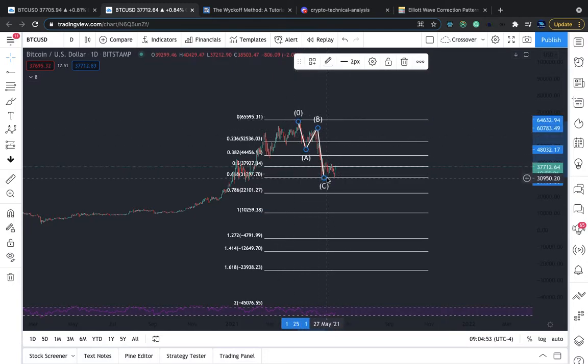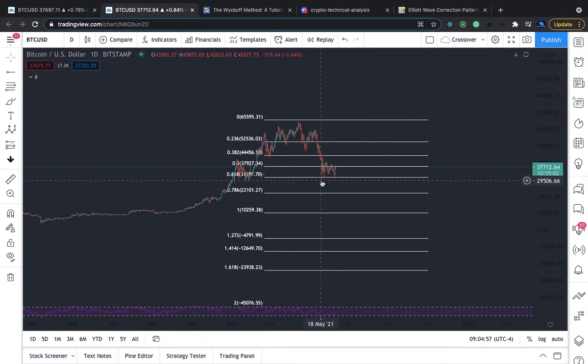It bounced off the 61.8 retracement not once, not twice, but 3 times. 1, 2, 3. So according to Elliott Wave, this is where the best entry would have been, around the 30,000, 31,000 mark. I've been saying that in the previous video, so if you watched it, hopefully you caught the move with me.